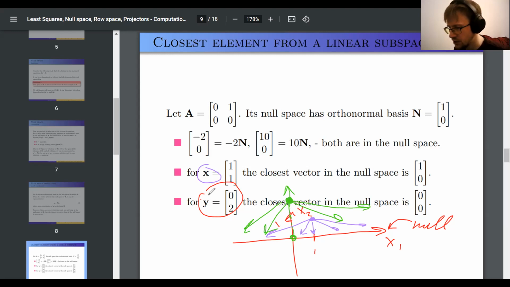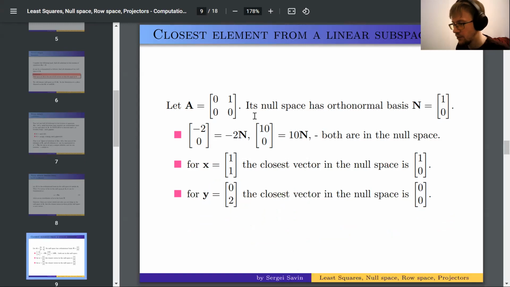So for this element, 0 is the closest. Okay, good. It's nothing profound. I'm just trying to show you in terms of numbers why we can have a vector outside of the space, of which the closest element in the subspace is 0. It is normal, right? Of course there will be cases like this. It makes perfect sense.